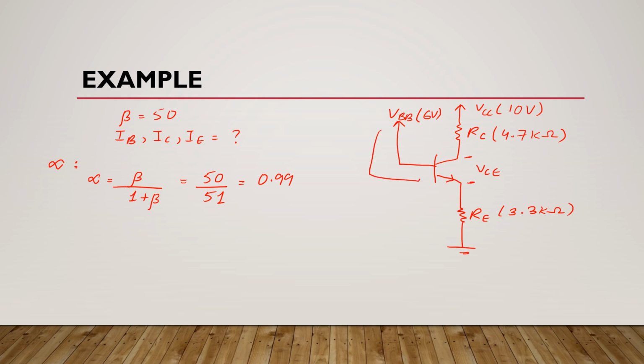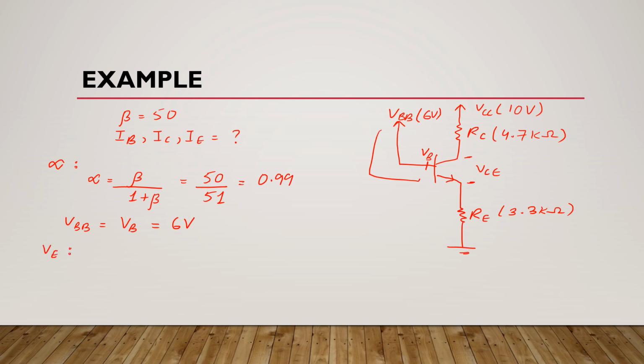Now, as you can see, there is no RB here in this terminal. It means here VBB will be equal to VB, because we know that VB is the nodal voltage of base, which is here, and here it is equal to 6 volts. Okay, now we will find VE.